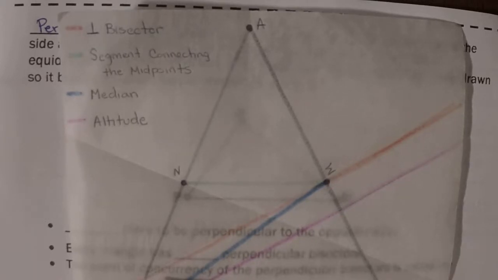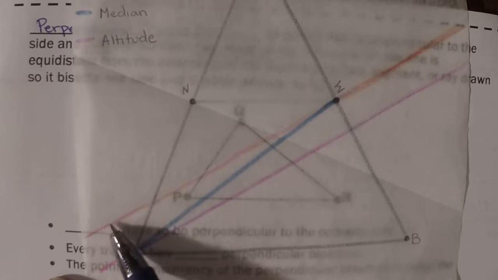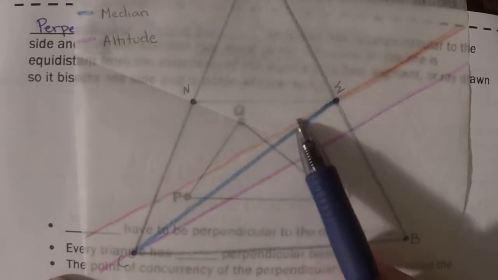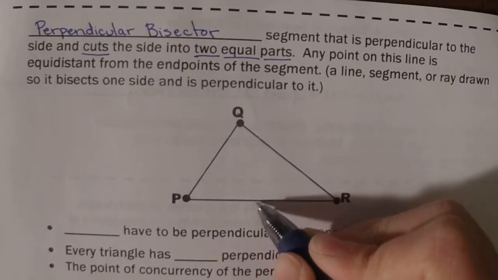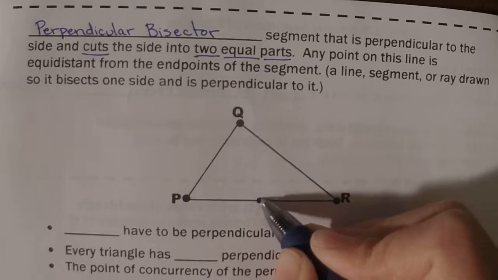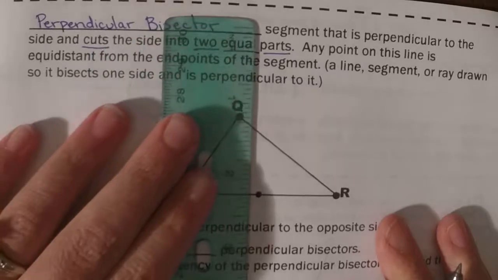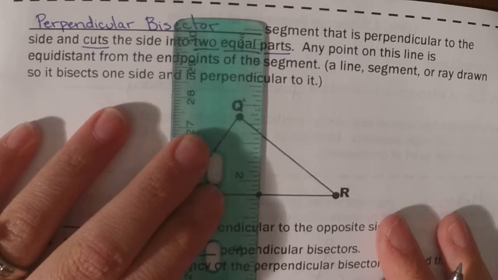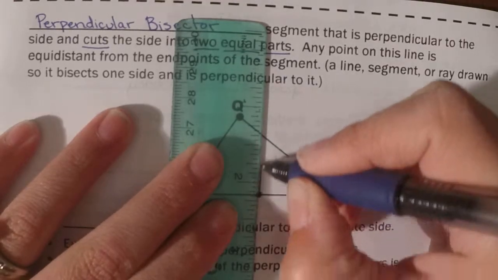Notice perpendicular bisectors do not actually start from a vertex. So it's just going to be drawn so that it literally divides and goes to the midpoint of one of the sides. So let's say that this is pretty close to the midpoint. It would be the line or the ray or the segment or whatever that would come straight through that point.